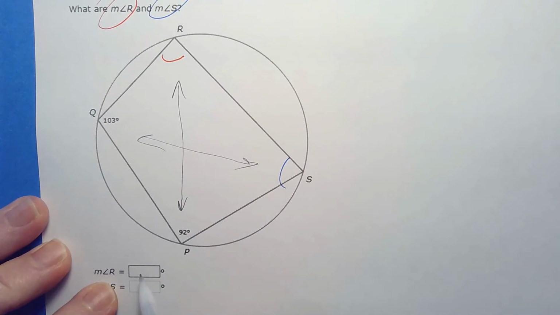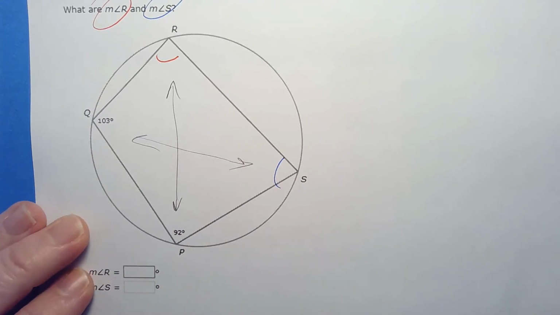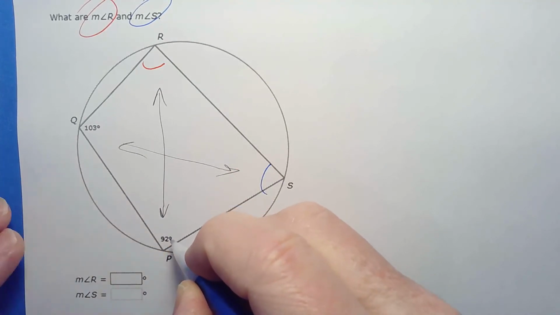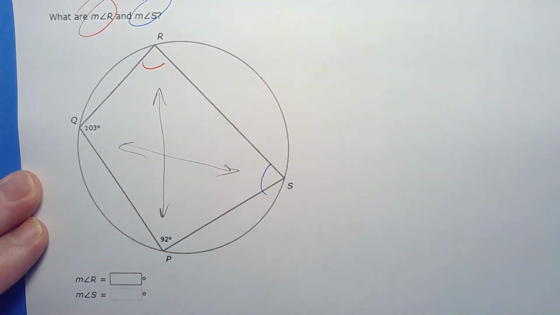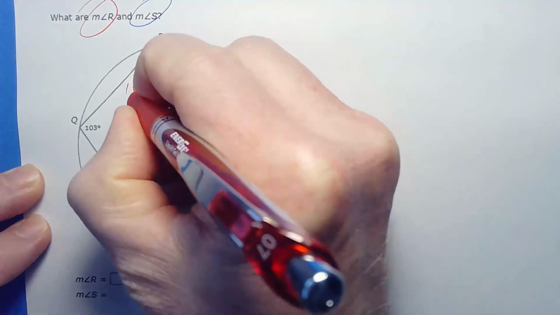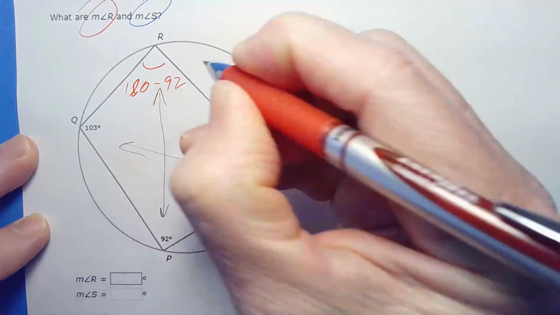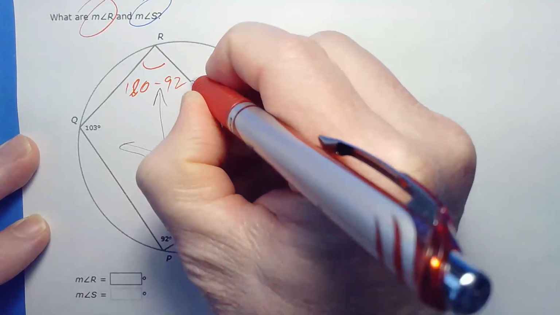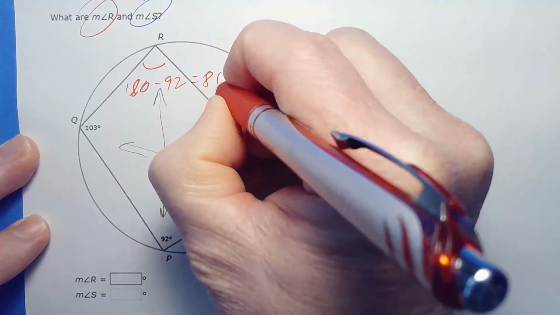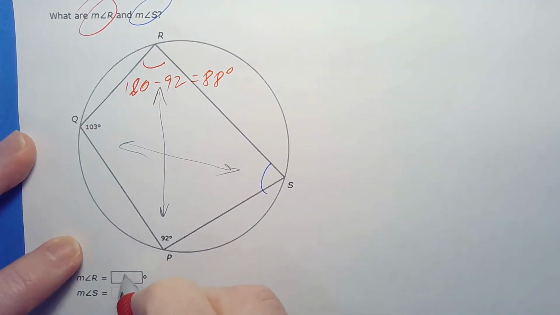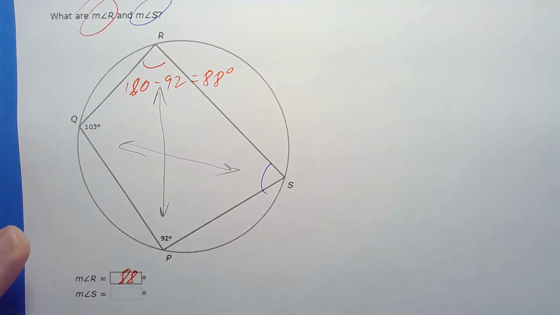So if I want to figure out the measure of angle R, all I have to do is say that's just 180 minus 92. 180 minus 92 is 88 degrees. So the measure of angle R is 88 degrees.